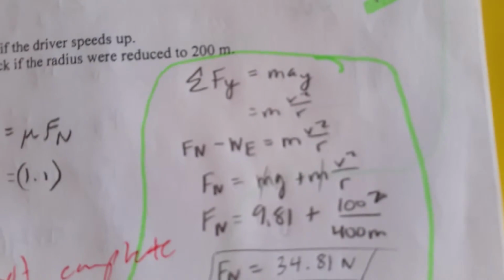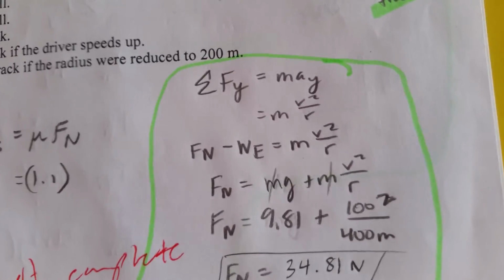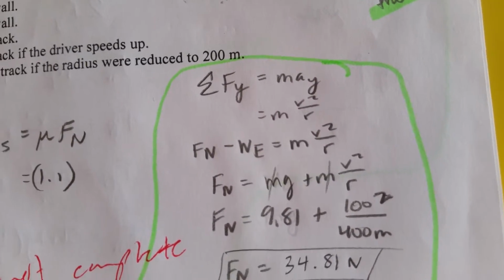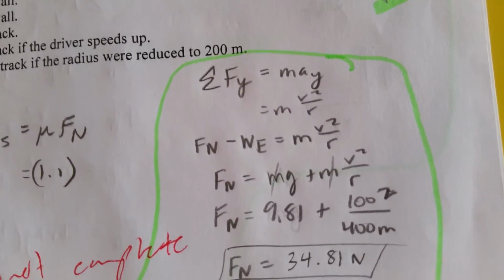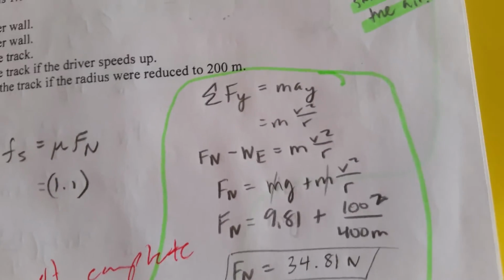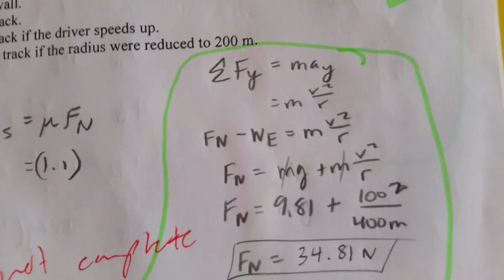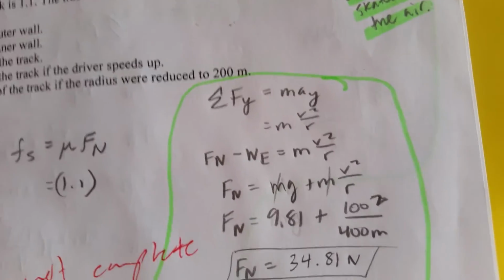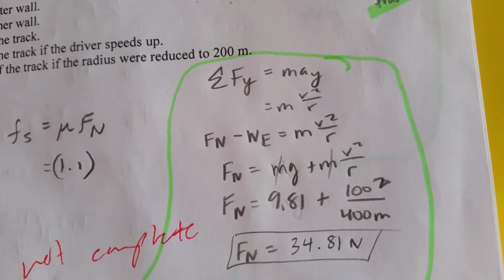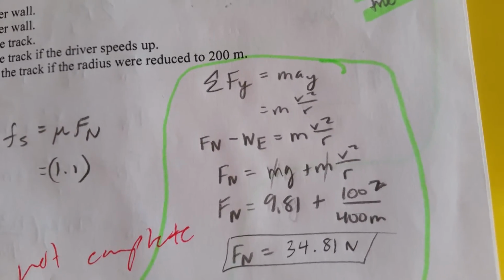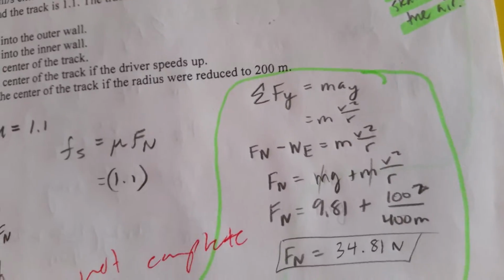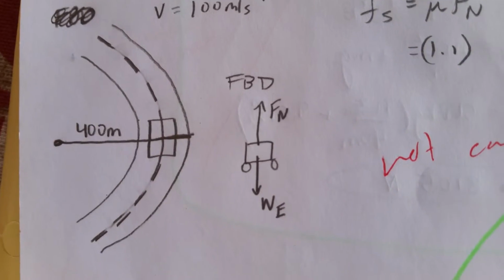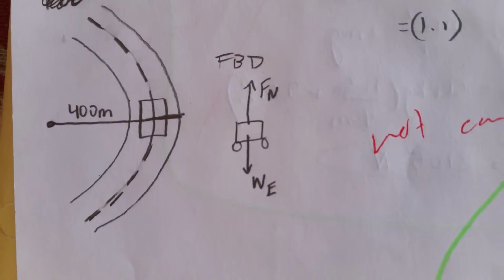I used the sum of the forces in the y direction equals m times ay, and the ay is the centripetal acceleration, so you plug in v squared over r. And then same as I've been doing, the normal force minus the weight equals mass times the centripetal acceleration. And that's just because this free body diagram over here is just those two forces.